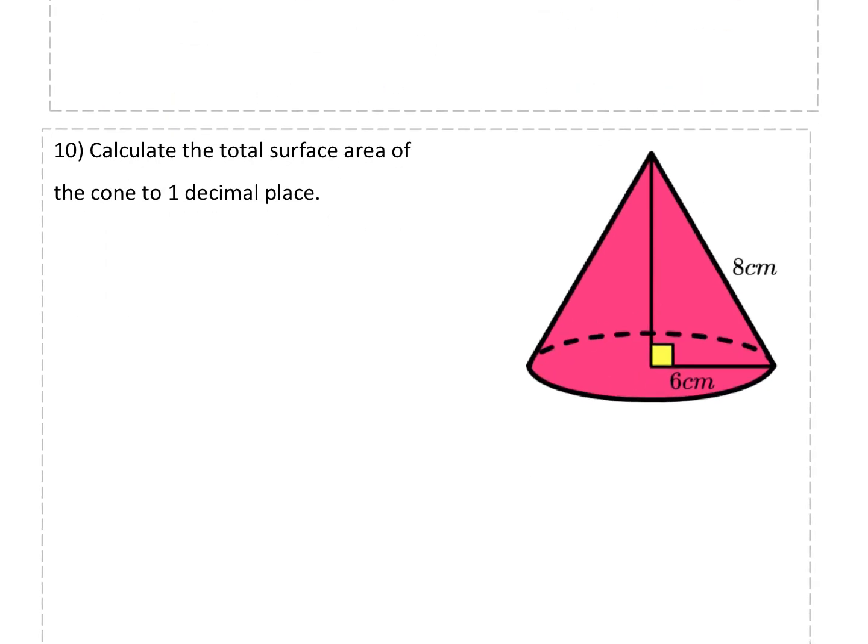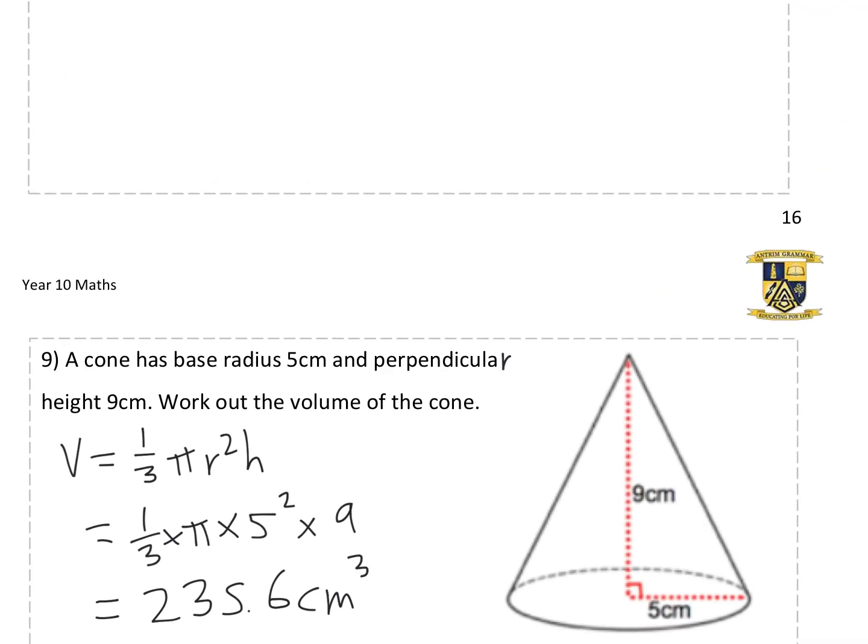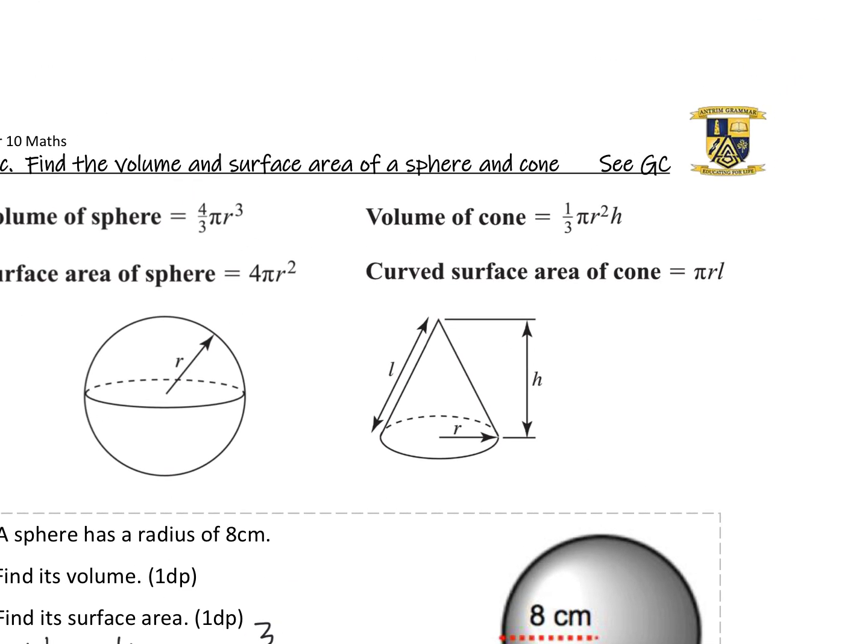Question 10. Calculate the total surface area of the cone to 1 decimal place. Now, if I just scroll back up here, we've got the curved surface area of a cone. When they give you this formula, it's only for the curved top part. There are two surfaces of a cone: the curved part up here, and then the base, which is a circle.